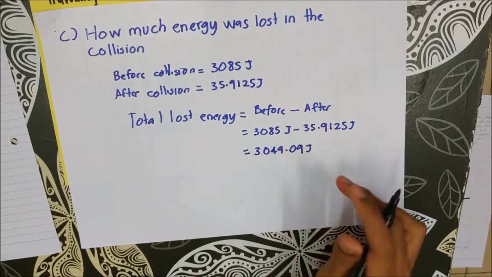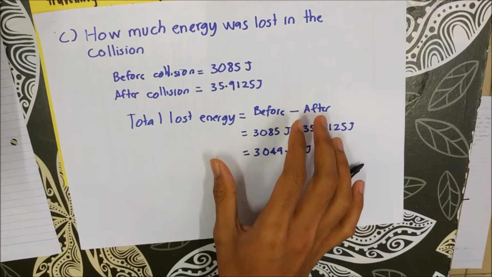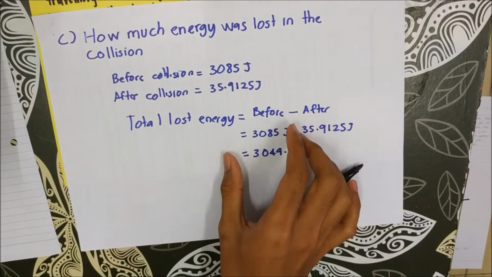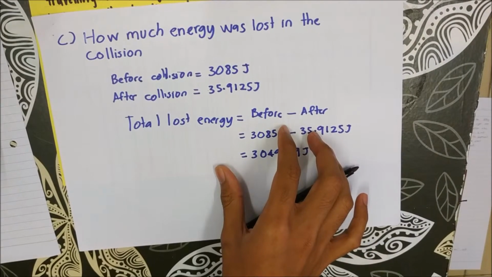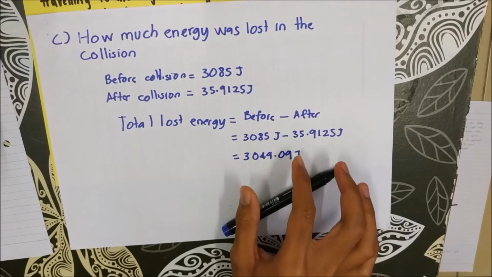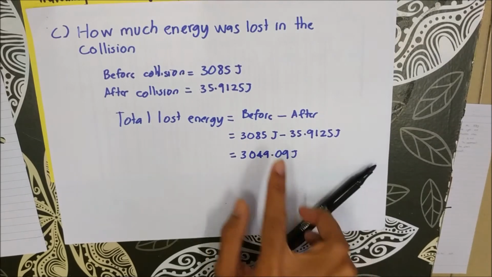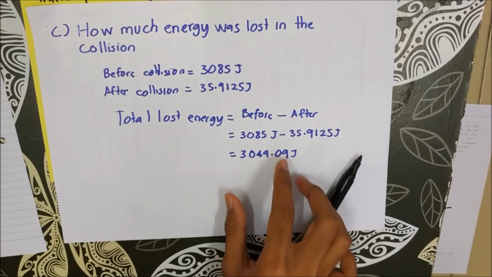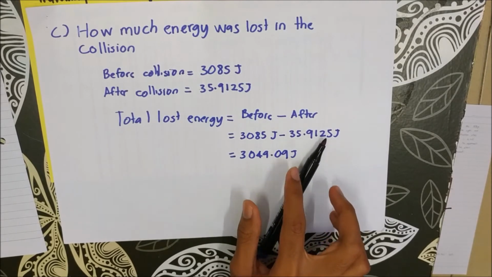From this answer, we know that in this inelastic collision there is a loss of kinetic energy, while the momentum of the system is conserved. In an inelastic collision, kinetic energy is not conserved, because some kinetic energy has been transferred to something else, like thermal energy, sound energy or others.